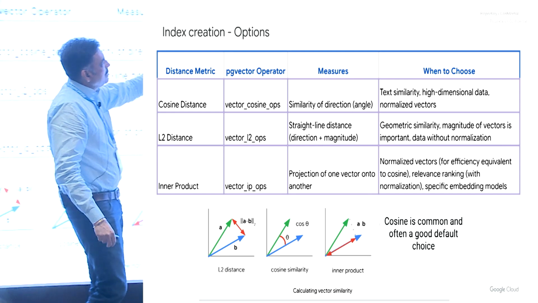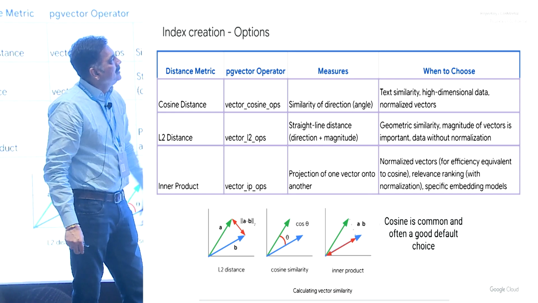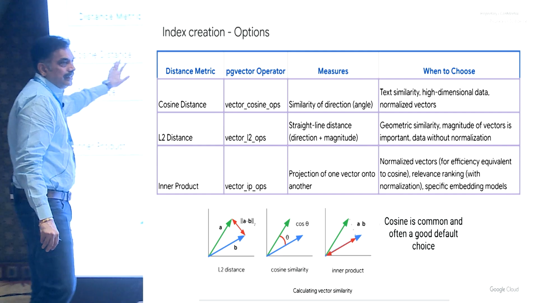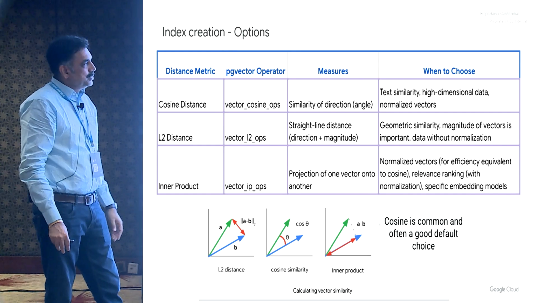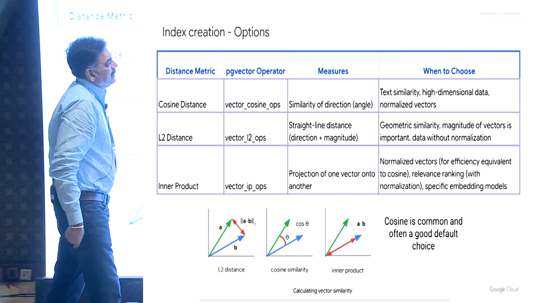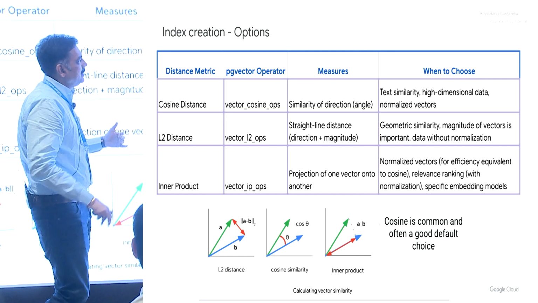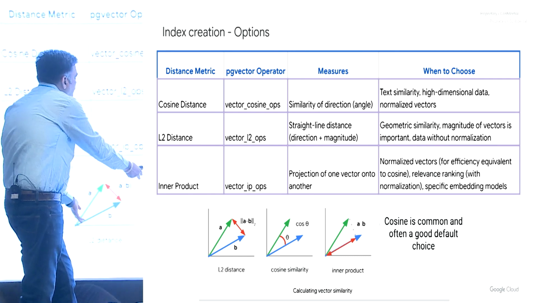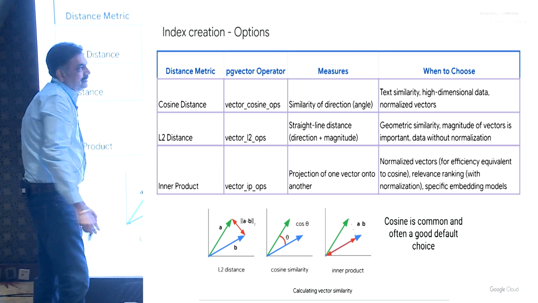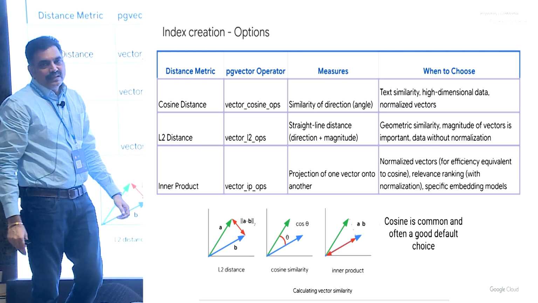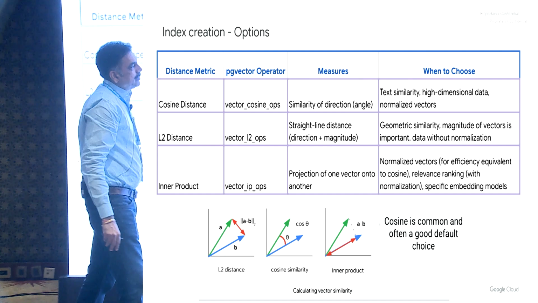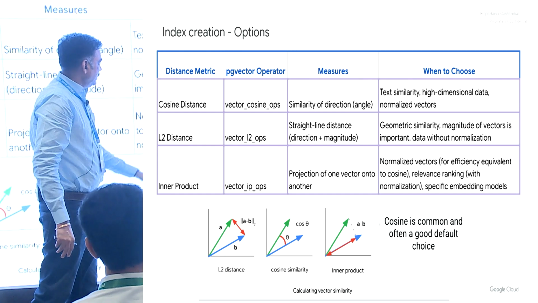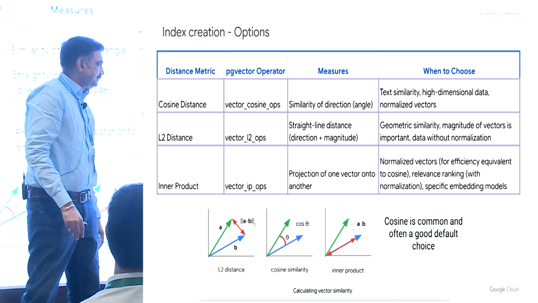So cosine generally works very well with text similarity, high dimension data. If you have a normalized vector, this is the option to choose while creating the index. Then we have geometric similarity, where magnitude of the vector is important. So how far it is, is what you need to consider. Then L2 is the better choice. And similarly, inner product is similar to cosine for normalized vectors, but it is better in relevance ranking.